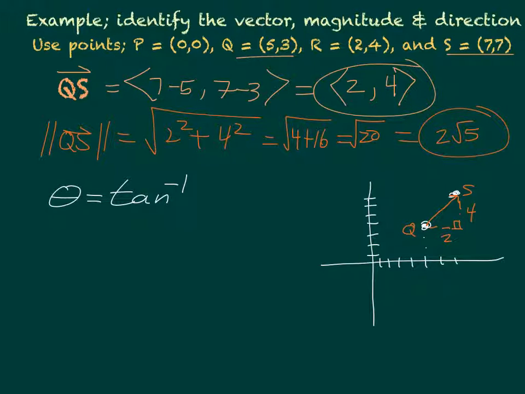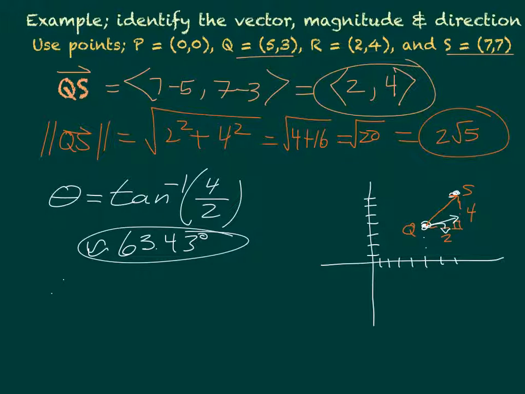So now my inverse tangent is going to be of 4 over 2. So the inverse tangent of 4 over 2 approximates to 63.43 degrees. So what that means is my vector 2, 4 has a magnitude of 2 times the square root of 5 and a direction of 63.43 degrees.